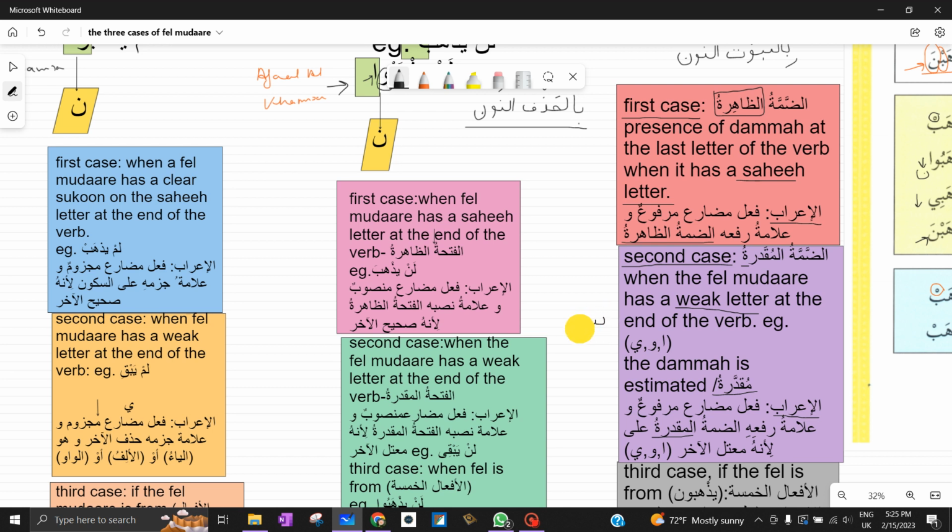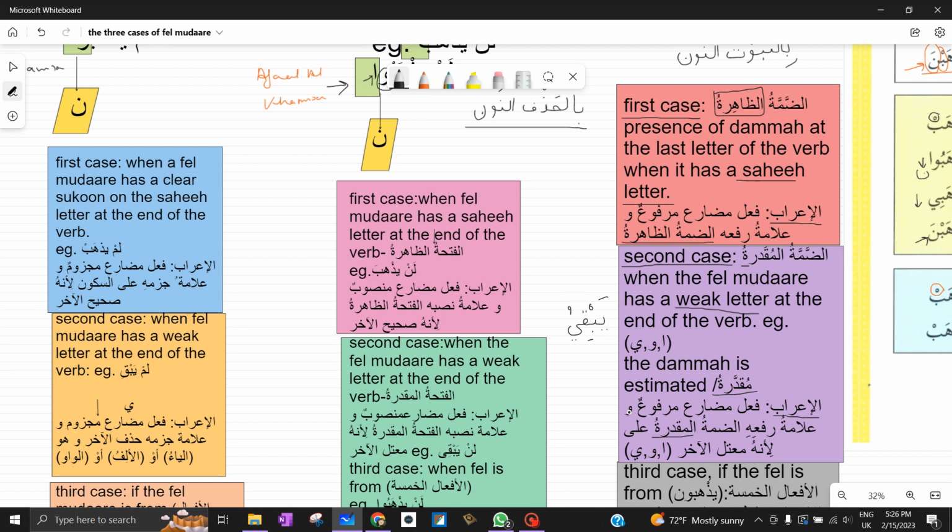Now in this type of fail, there is a ya at the end. So will you put a dhamma over it? We cannot put, because this is a weak letter. So you will say al fail mudare marfu wa alamatu raf'ihi ad-dammatu al-muqaddaratu ala what? Where is the dhamma?